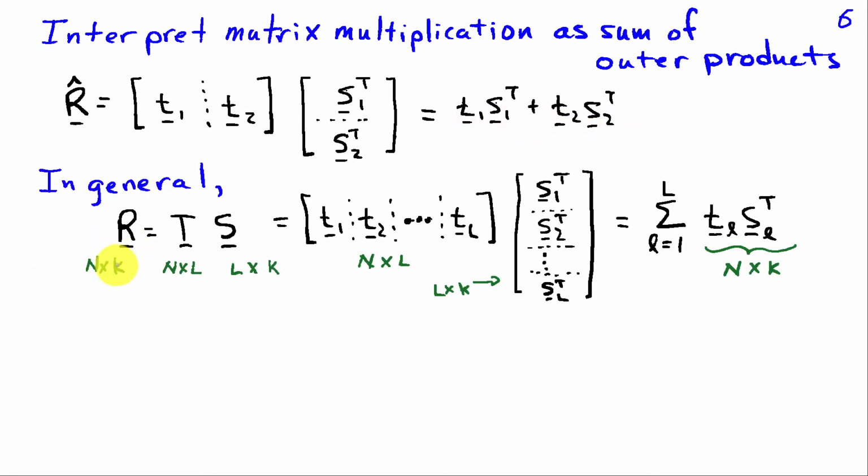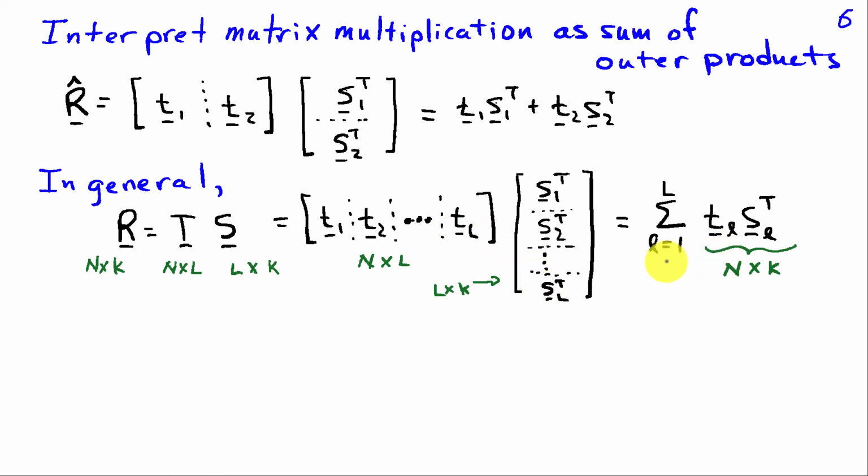Now in general, I can take an n by k matrix R, an n by L matrix T, and an L by k matrix S, and represent R as T times S. So here my T is going to have capital L columns associated with these different taste vectors, and then I'll have capital L rows in my matrix S. Using the principle of block matrix multiplication, I can find that the product T times S is T1 times S1 transpose plus T2 times S2 transpose, and so on, plus TL times SL transpose.